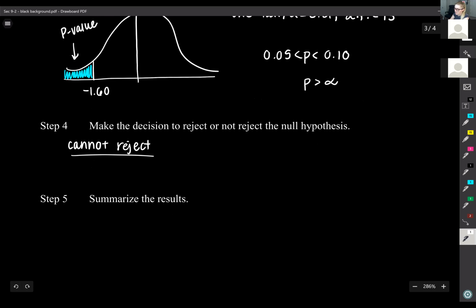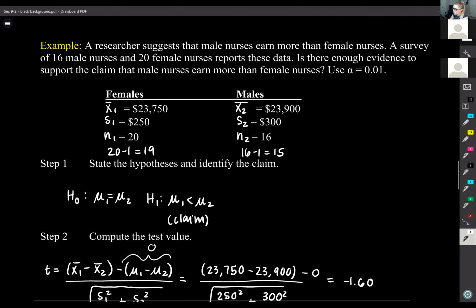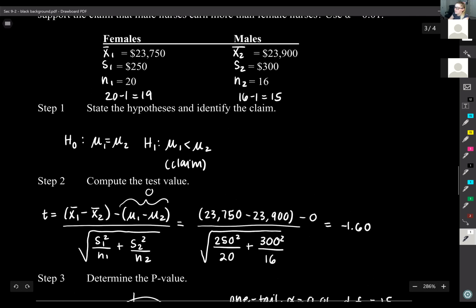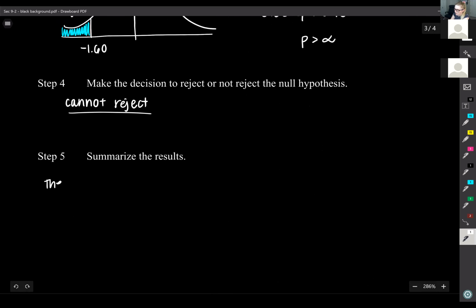In terms of what that means, there is not enough evidence to reject that they make the same amount, that the means are equal. Or in other words, there's not enough evidence to accept the claim.